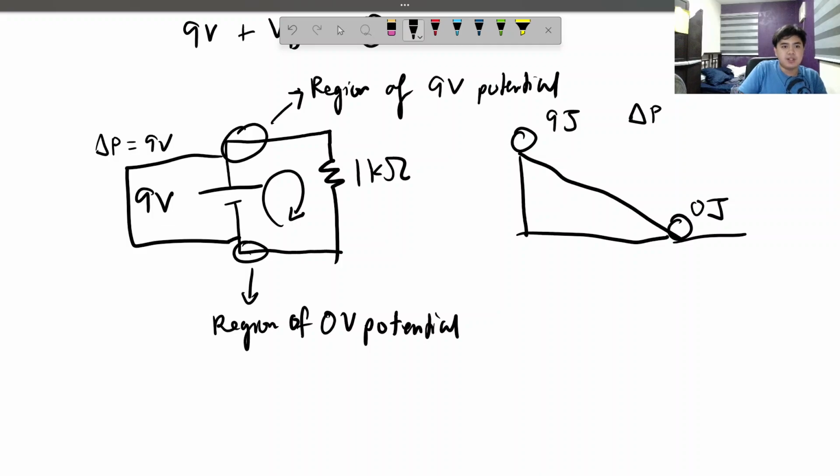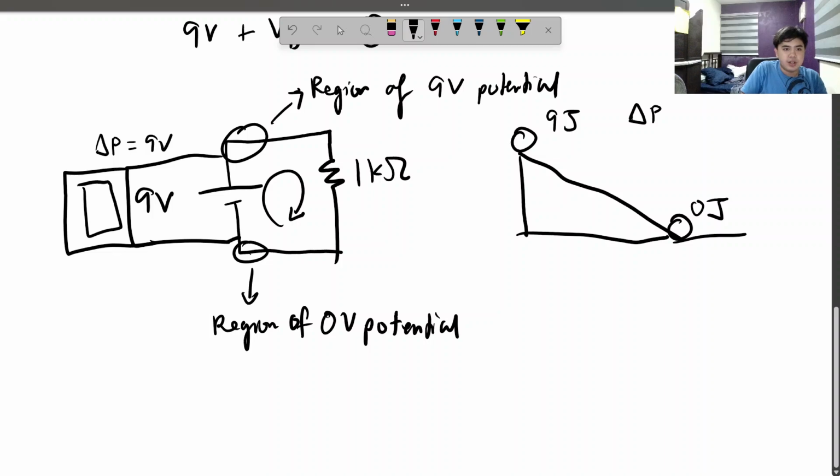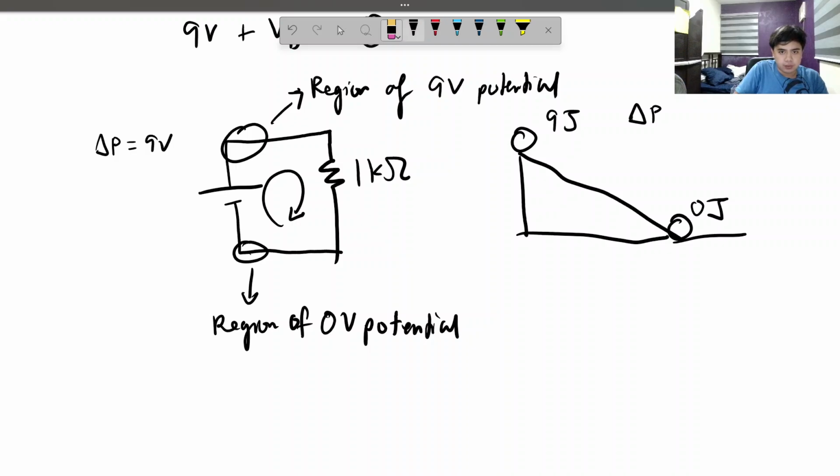So what this really means is if you put a multimeter in here, it will show 9 volts. Sorry for the vertical multimeter, but it will show 9 volts. So what does that mean? It means this 9-volt potential and 0-volt potential in these regions. Now, what does that actually mean?